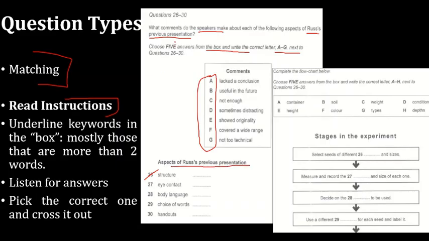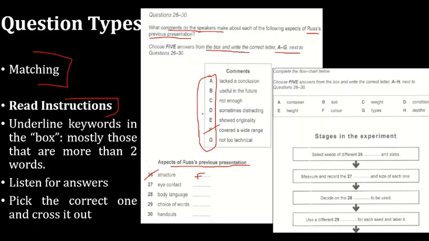And you'll be listening to the comments they make. So comments about structure, both of them will agree on, will be the answer that you pick. If you say the structure covered a wide range, you pick the answer, you cross it out, and you know that this one is your F. Eye contact, and you say it's somewhat distracting.